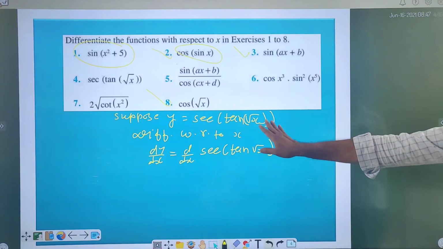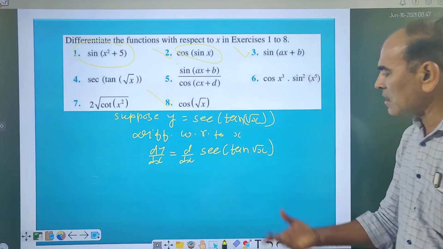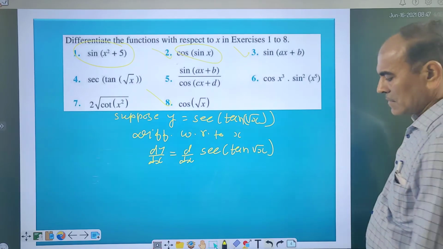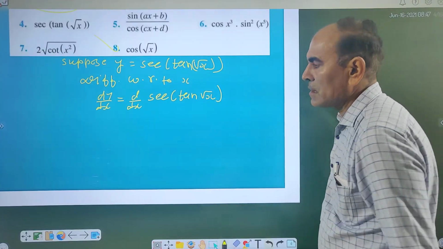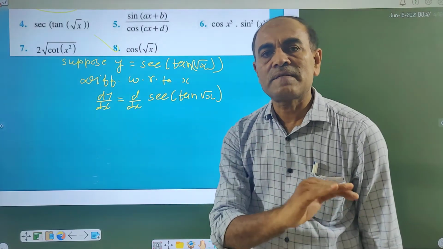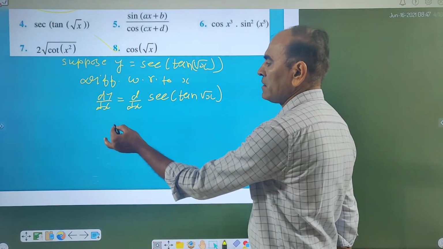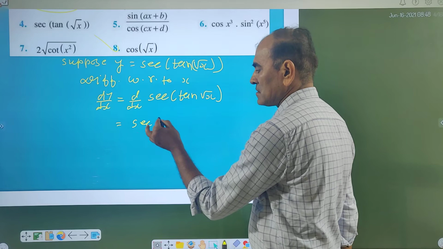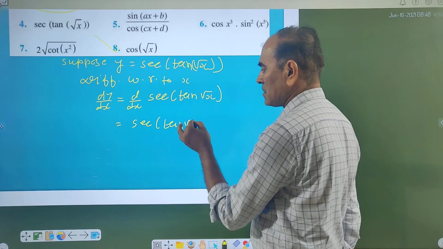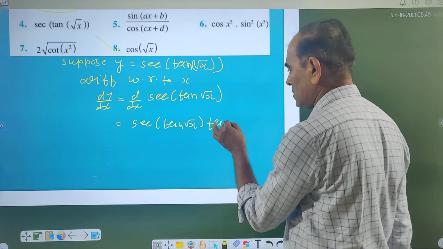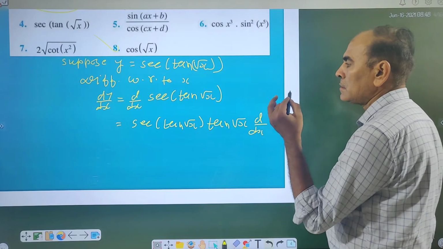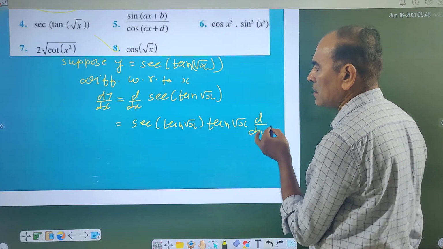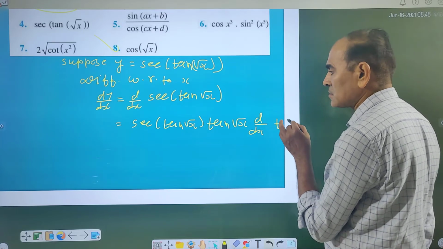There is no need to write all such brackets. You can write in that way also. Now we know that, dear friends, what is d by dx of sec of some function? Recall that form. Sec of some function, tan of some function, d by dx of some function.